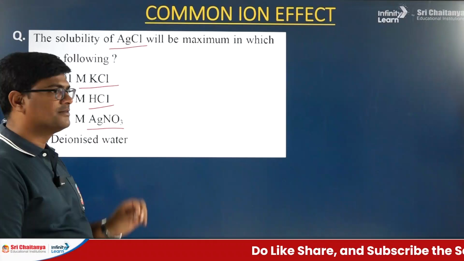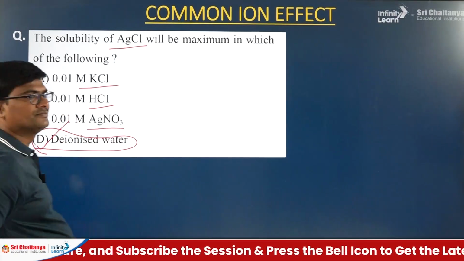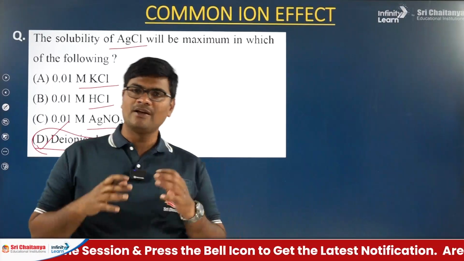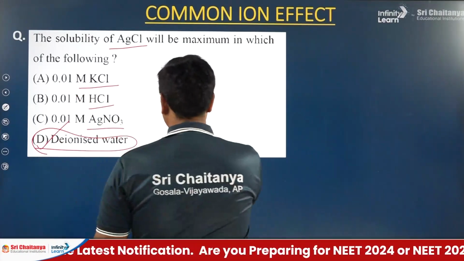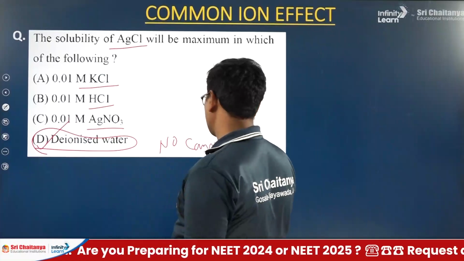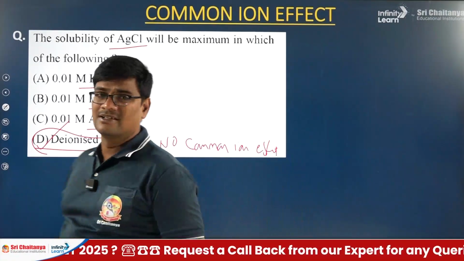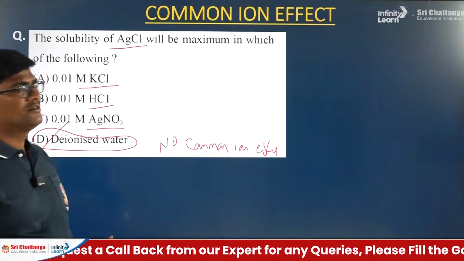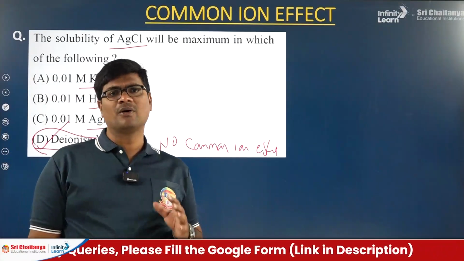The solubility is more in deionized water. In pure water, the solubility of a sparingly soluble salt is more because there is no common ion effect. If the common ion effect is there, the solubility is decreased. Therefore, the right answer is deionized water.